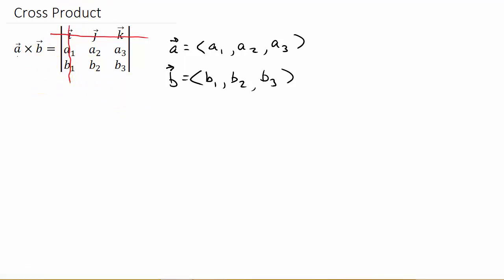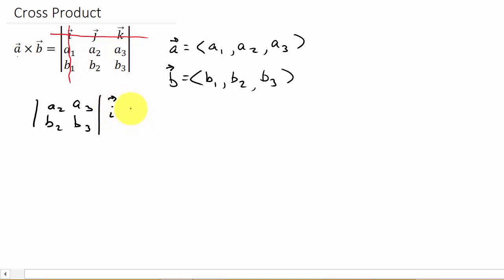So we get the determinant of this 2 by 2 here, the determinant of A2, A3, B2, B3, times, you see where they cross here, when I cross out the row and cross out the column, they intersect here, so that's times vector I.